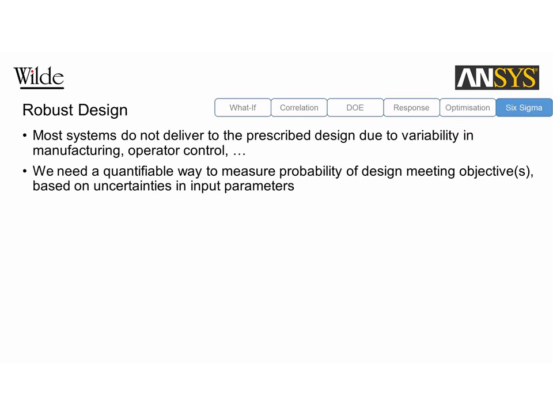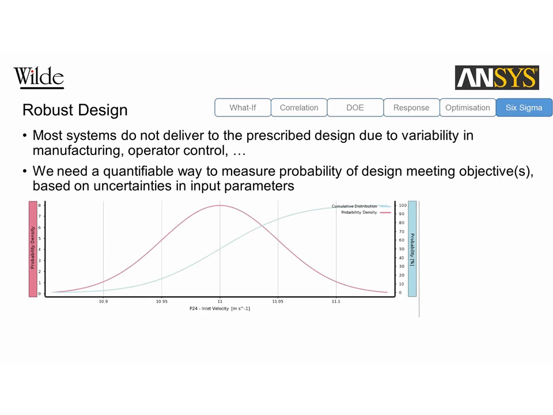And that's where Six Sigma or robust design comes into play. So as I said before, most systems are designed to a technical spec, but they won't always meet that technical spec, simply because there are factors outside the technical remit that play on the design, basically. So we need a quantifiable way to measure the probability of success based on the uncertainties in the input parameters.